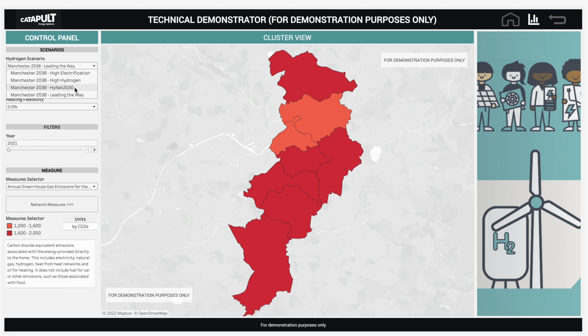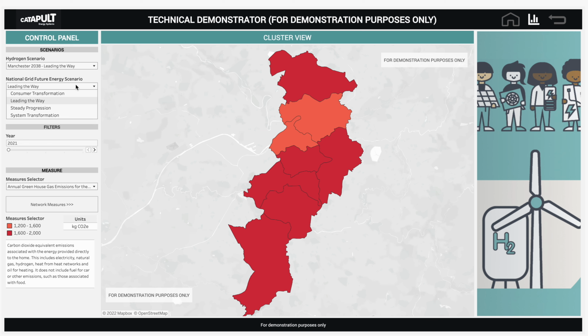We've got high net, so there's plans for a hydrogen plant in the Manchester area, and so by selecting that scenario you see the impact of that, and then leading the way is without the plant, and pursuing more conventional means of energy reduction, carbon reduction.